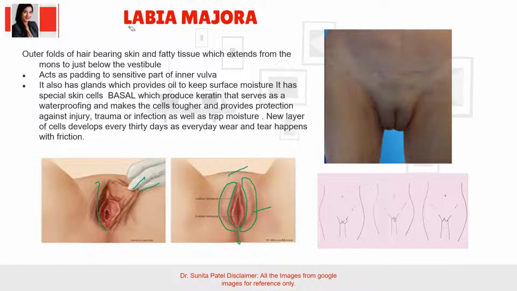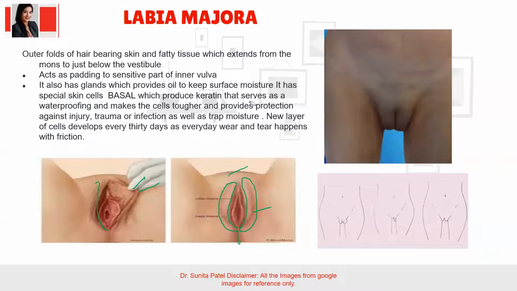Like we have hard skin around the elbow, the same kind of hard basal skin is present in the labia majora also. And those basal cells have a special quality that they keep producing keratin, and keratin makes the skin tougher, and that also gives a different, darkish color to the area.